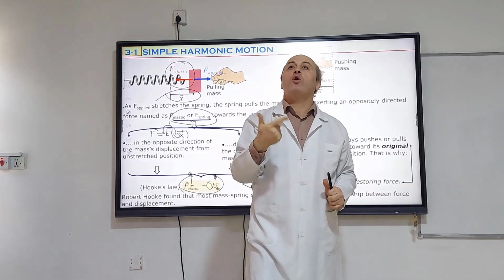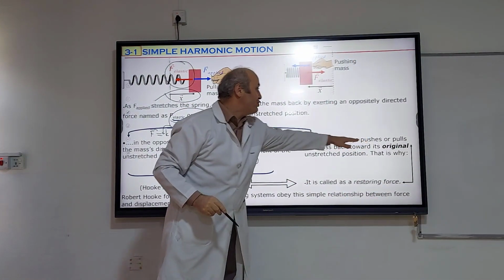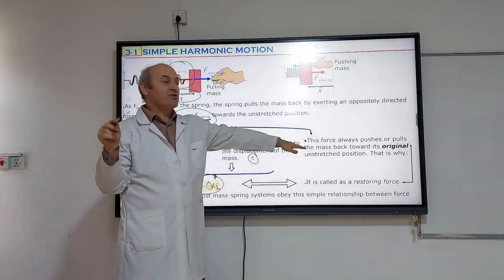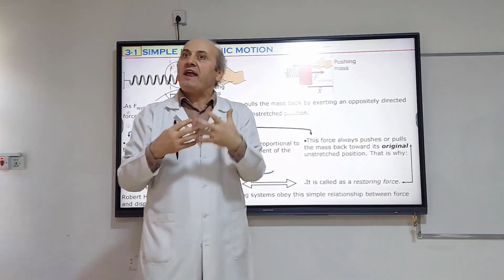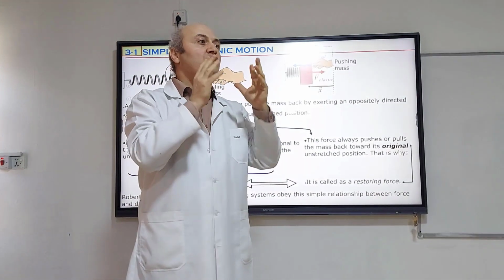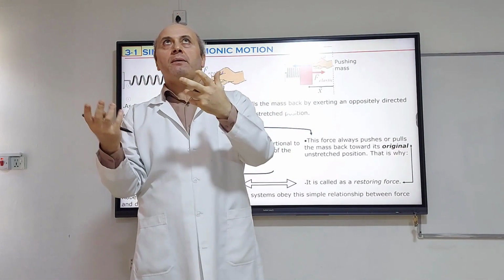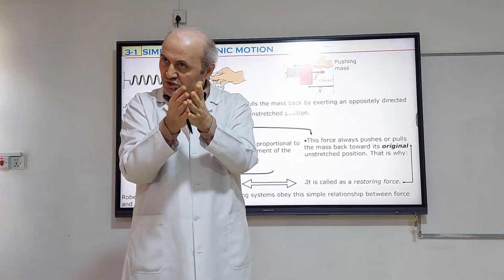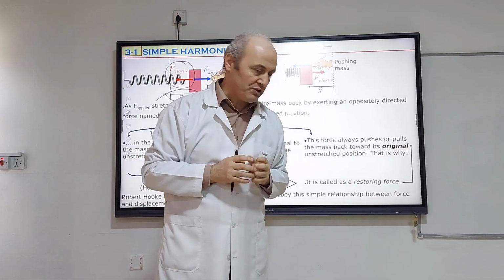That's why this force is also named the restoring force. It always pushes or pulls the mass back towards the original unstretched position. That's why any force which always wants to take a system back to its original, unstretched, or pre-vibration position, whatever that position is, is named a restoring force.